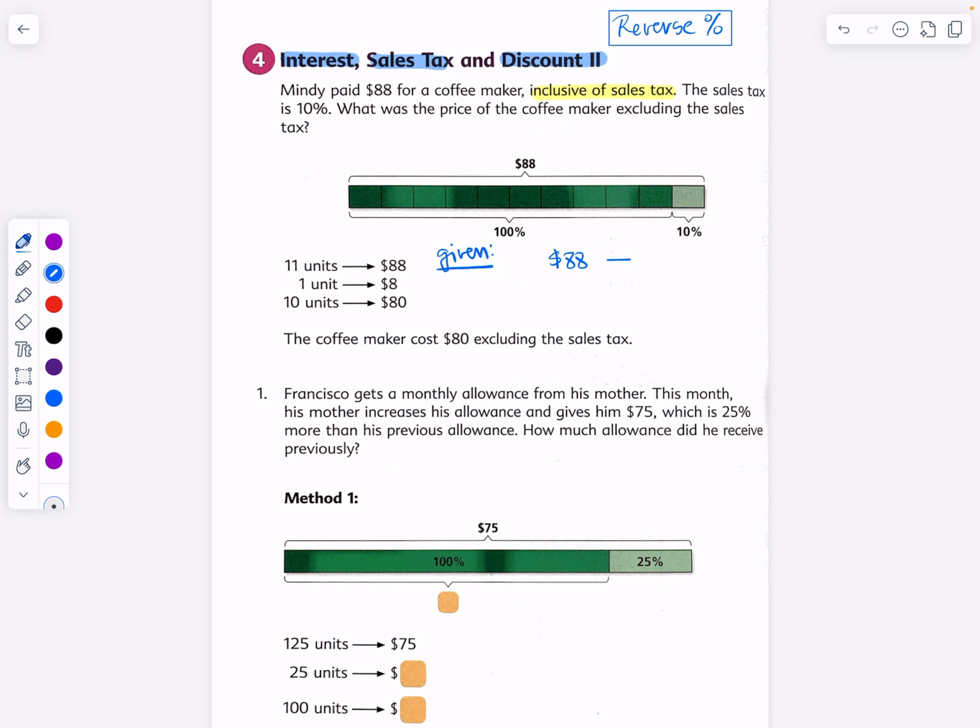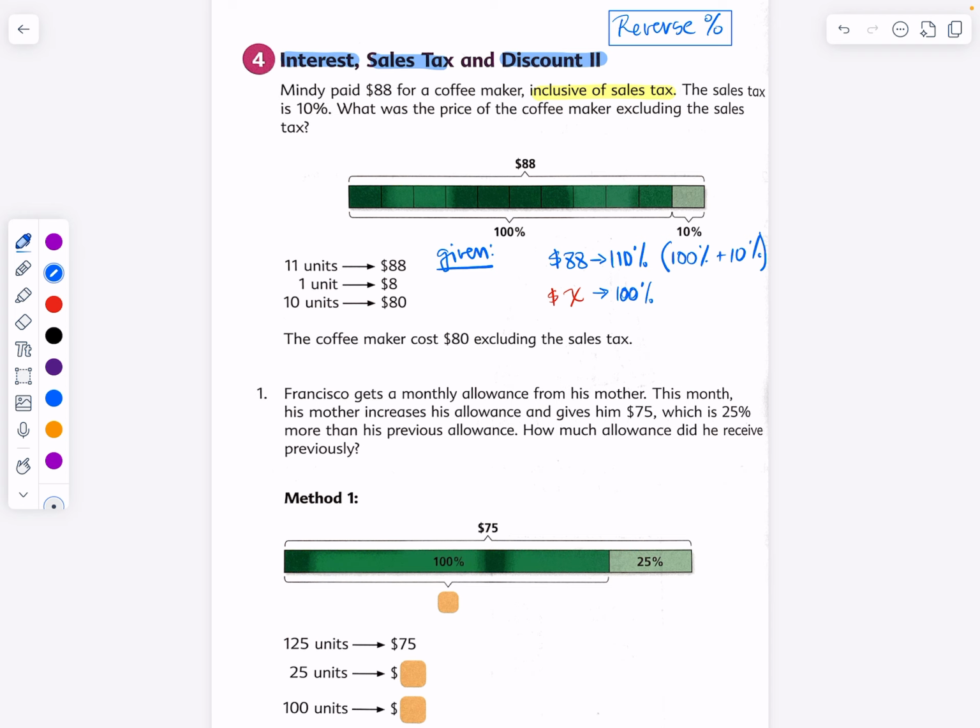No, this price, $88, already includes original plus 10%, which I'm just going to write as 110%, because this included the sales tax. What is the price excluding the sales tax? So they're asking us to find the price, I'm going to label it X, of the original, which was 100%.